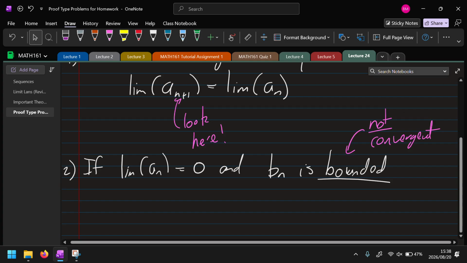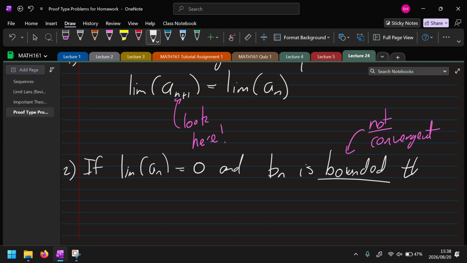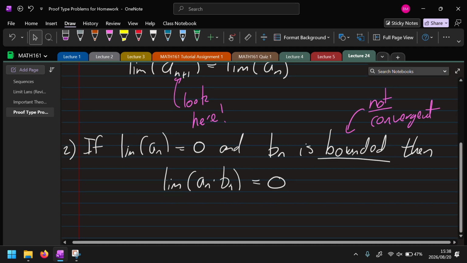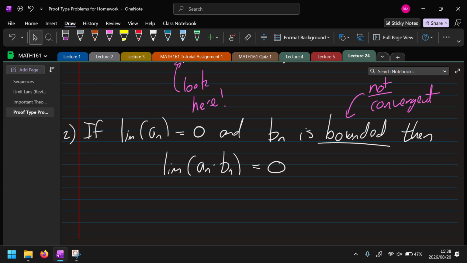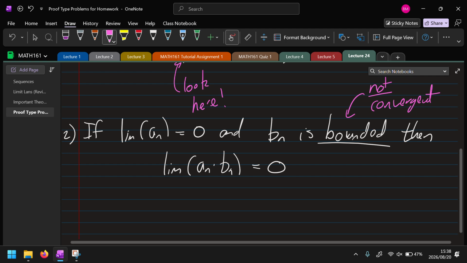There is a difference between the two. Then the limit of a_n times b_n is 0. And then for this bounded part here, I'll give you a hint.